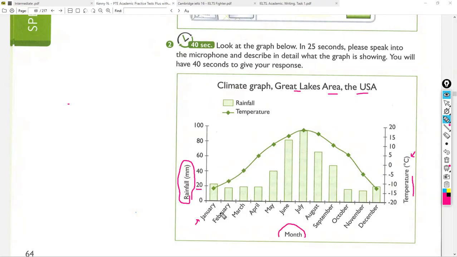Don't say 20, Ali. 20 is informal. You have to say 20. The temperature less than 20.